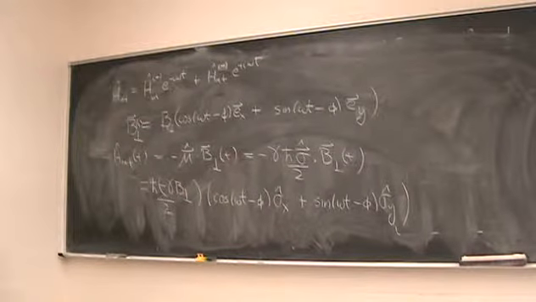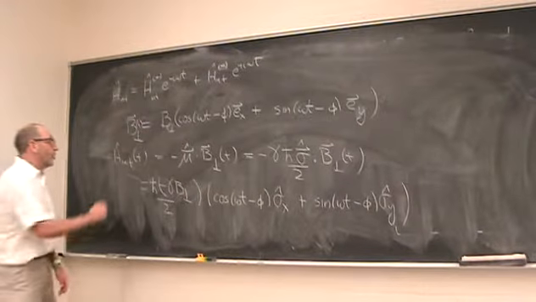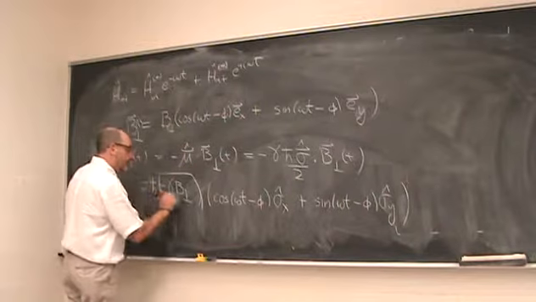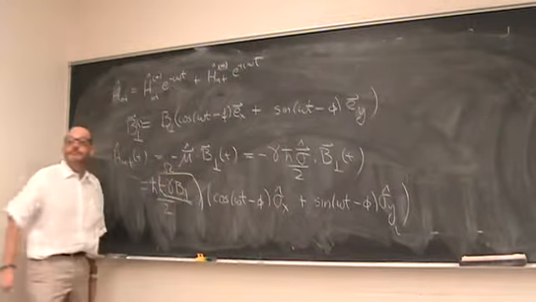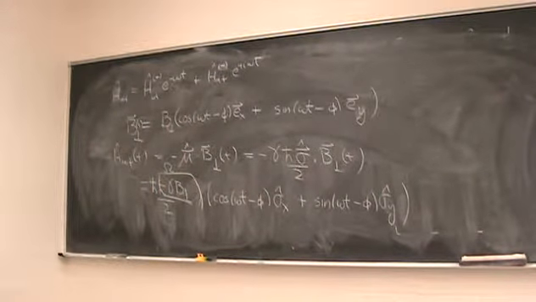We'll call this frequency capital omega. That's the precession frequency around the perpendicular axis. All right?